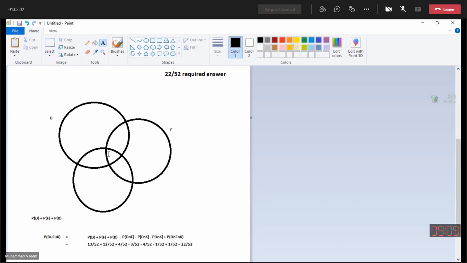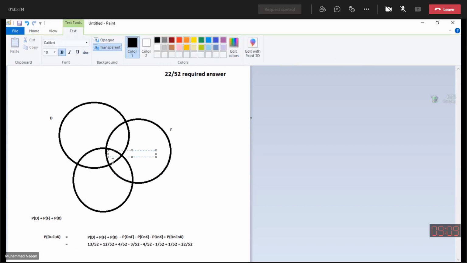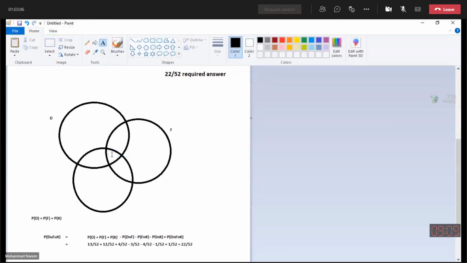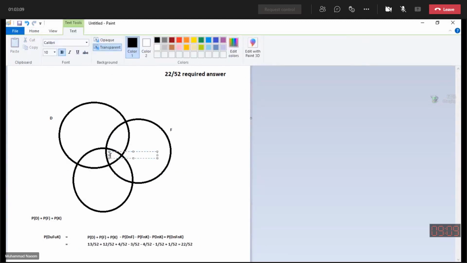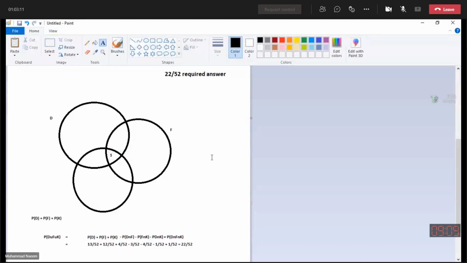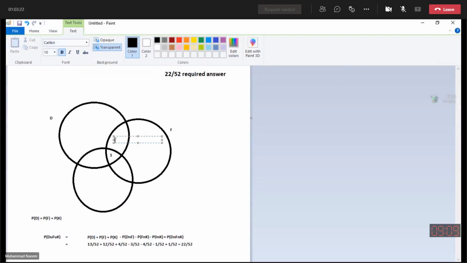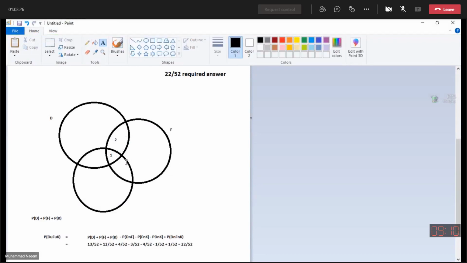Here we have one element, only one element in this portion. In the intersection of D and F, we have three elements. One is already there, so two are here. Three elements are completed in this intersection.